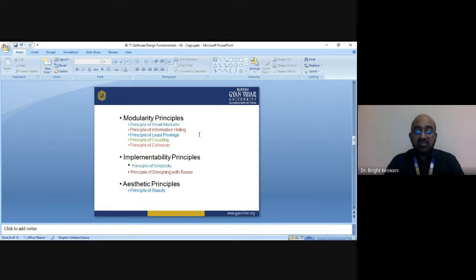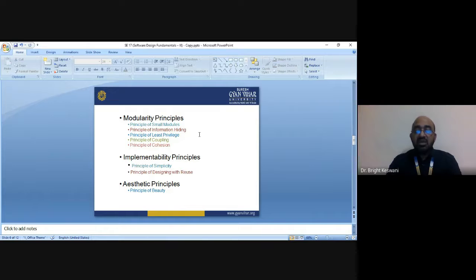Anything that can be reused is termed an asset. So, what is the aim of the principle of designing with reuse? The principle of designing with reuse suggests using the existing assets. Okay, reuse has great productivity and quality benefits, and software design offers many opportunities for software reuse.